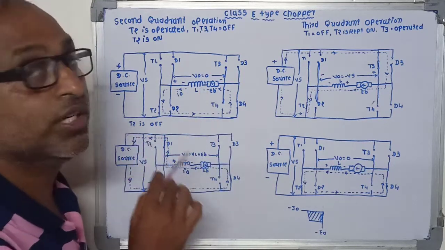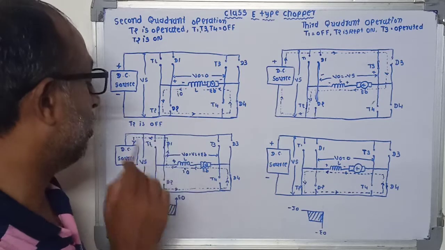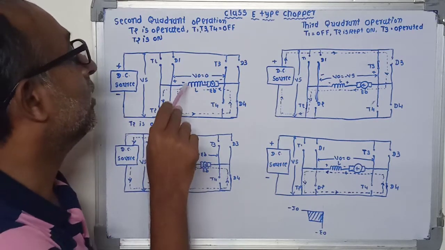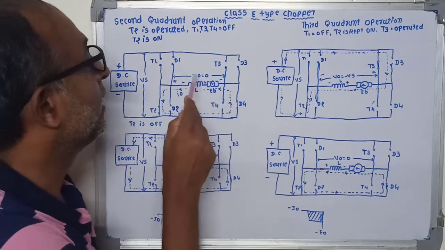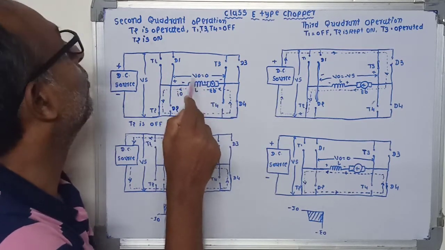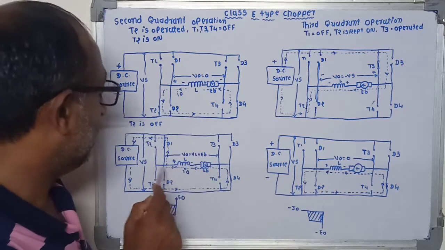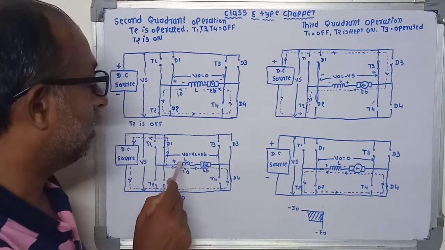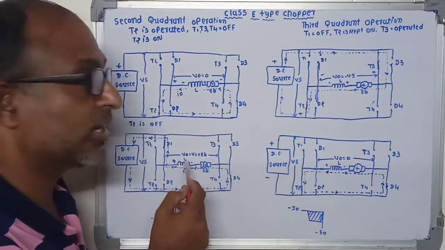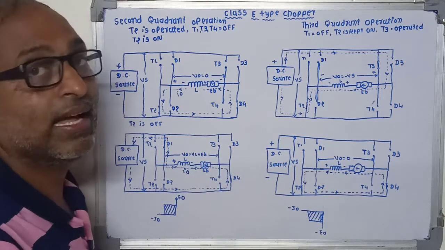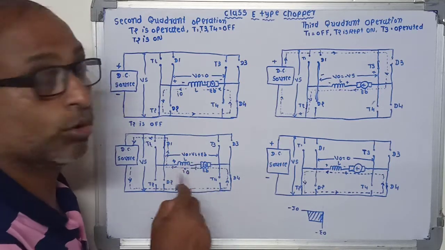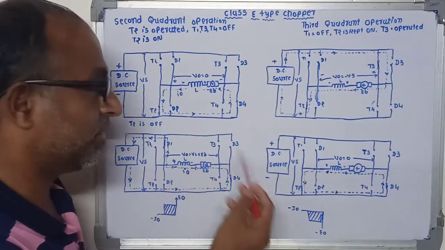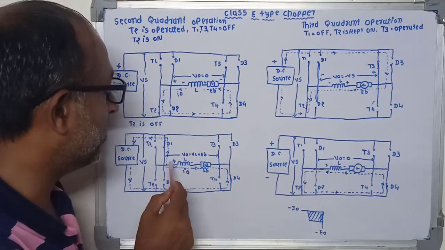Now this T2 is turned off. When current passes through the inductor, some energy is stored while T2 is on. Now when T2 is off, the current passing through the inductor decreases due to a very large reverse voltage appearing across the inductor L. So its right terminal becomes negative and left terminal becomes positive.